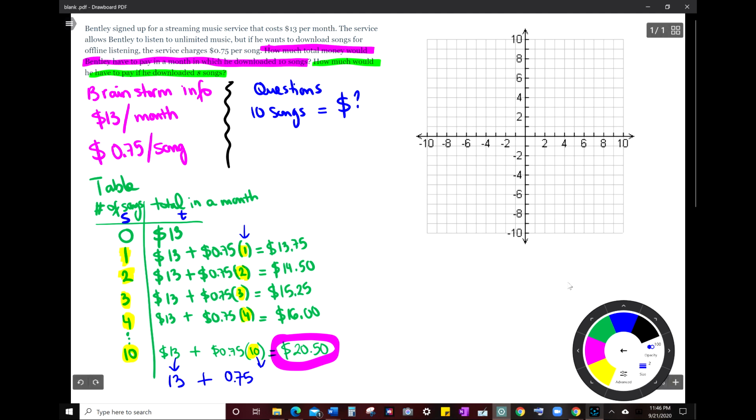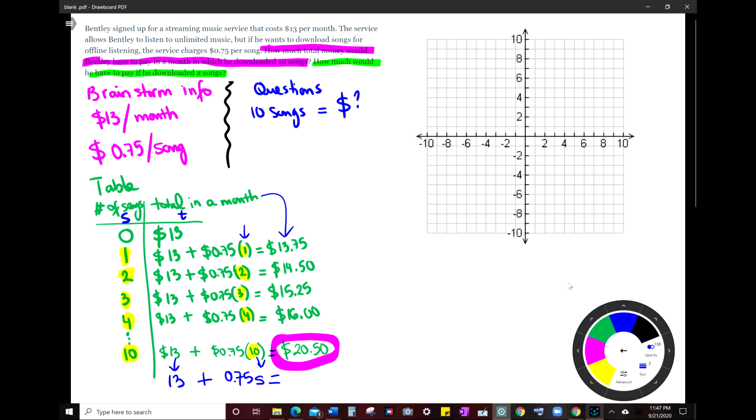My S is really bad. It should be S right here. So now we have the monthly charge plus the number of songs times $0.75 per song equals what? What we found right here is the total.